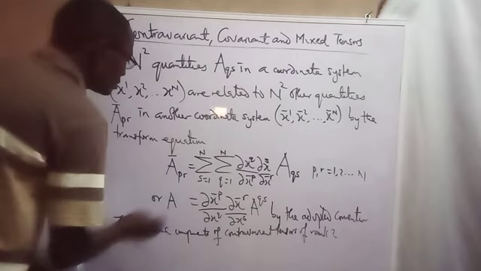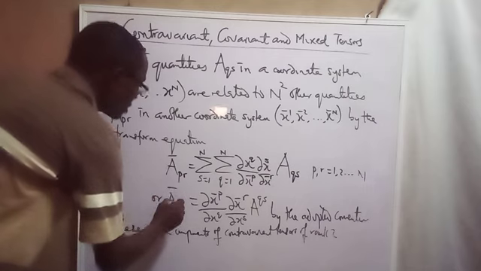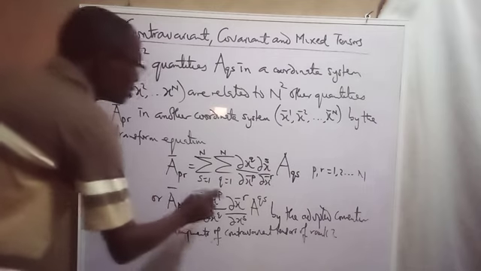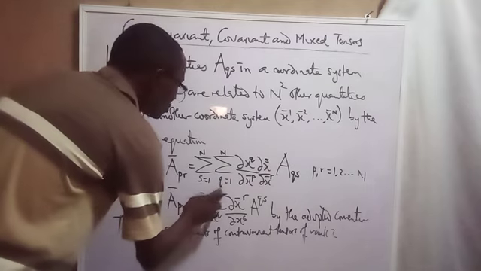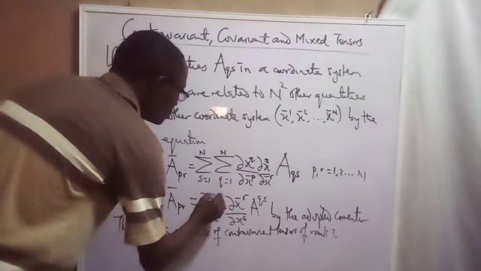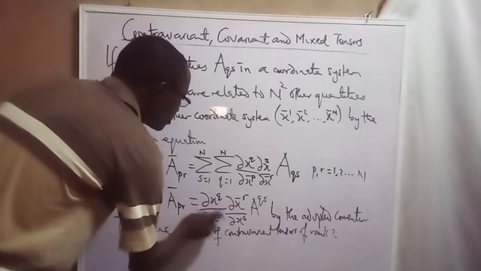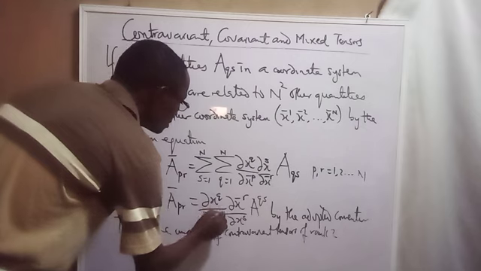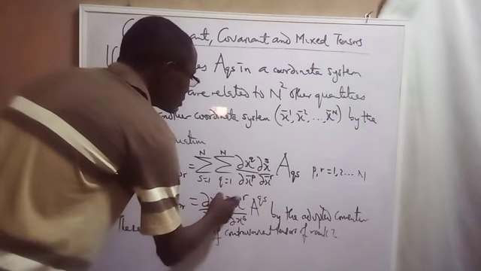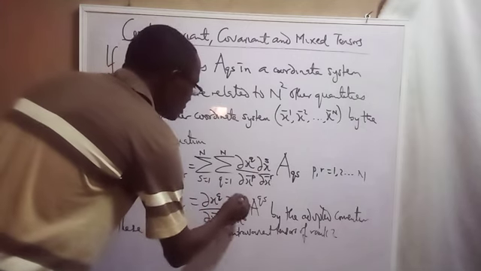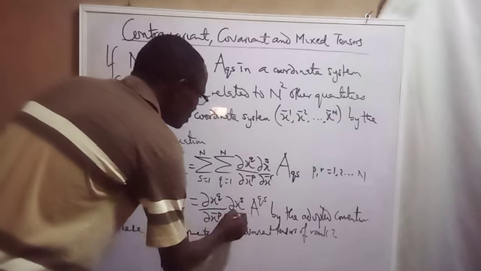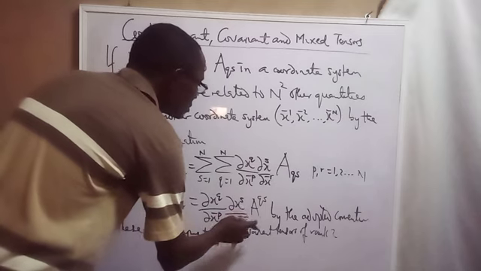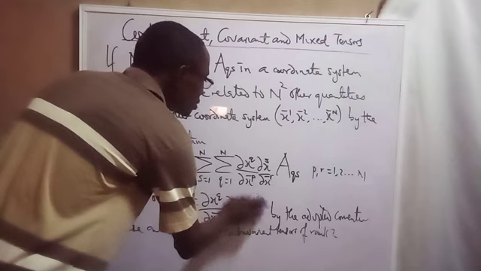So you can change this one as well. I have this A bar_{PR}. So this one will come up, this one will be bar P, this one will come up as S bar R, and this one will be Q S down.